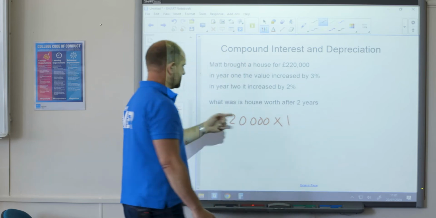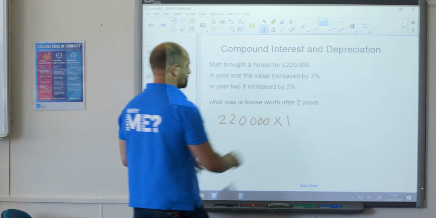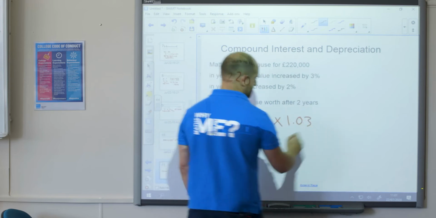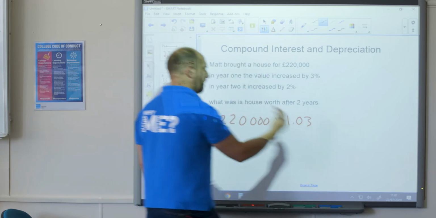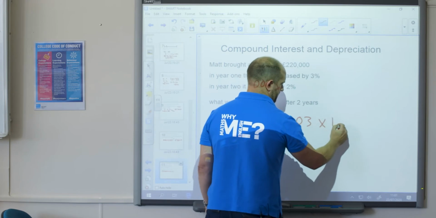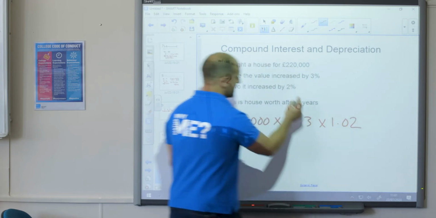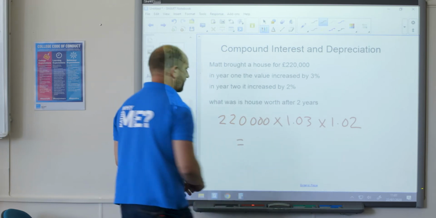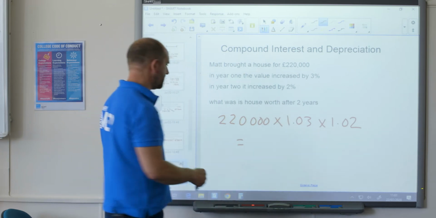So again, it's the value of his house currently, which is 1 plus his percentage, and then I can multiply that by the percentage increase for year 2, rather than doing it step by step.